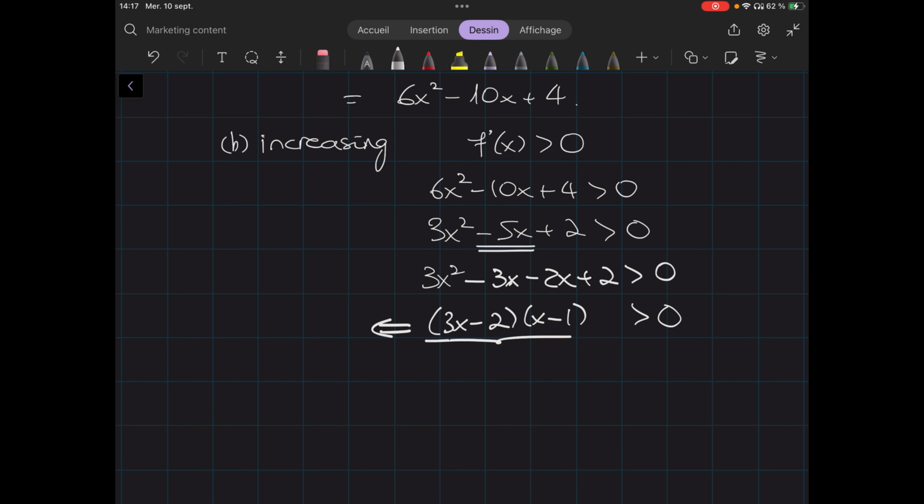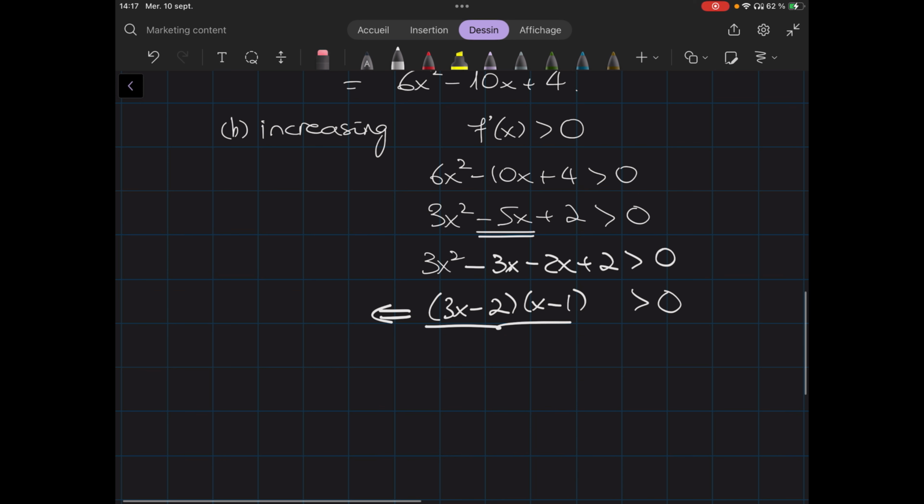This is a quadratic expression on the left. To solve this inequality, the easiest way is to make a sketch. The roots are at 2 by 3 and 1.